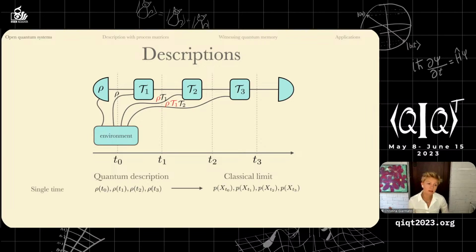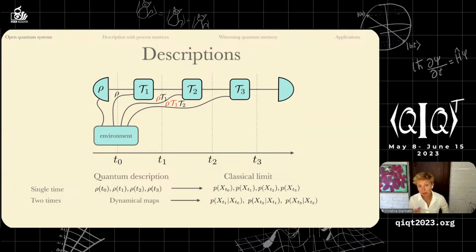So let's take it time-wise, in terms of time steps, what happens. If you want to describe what happens at a single time, T1, T2, T3, or T0, then your description is a quantum state. And in the classical limit, that's just the probability distribution of some variable x at all the different times.